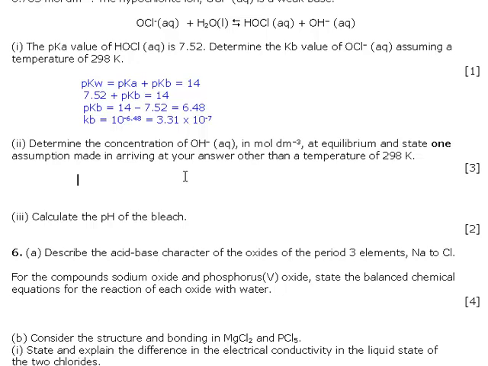Now we're asked to determine the concentration of OH minus in moles per litre at equilibrium and state one assumption made in arriving at your answer, other than a temperature of 298. Alright, so we're looking at this equation. We've now got the Kb value for this equation. So we could say that Kb equals the concentration of HOCl and the concentration of OH minus, divided by the concentration of OCl minus.